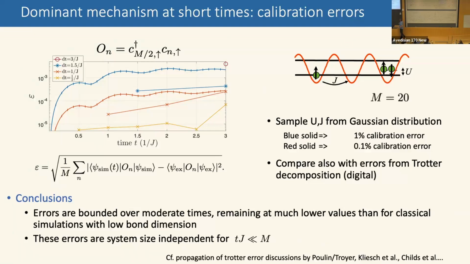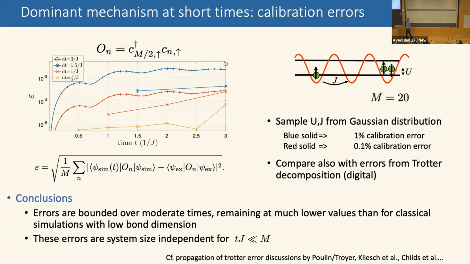Essentially, if you get a whole lot of local calibration errors, the effects of those across the rest of the system are at short times limited by the light cone for the propagation of correlations. This limits the worst effects up to the point that you reach an evolution timescale equivalent to the system size. So if you have calibration to a particular level, you can fairly reliably extract correlation functions out to a given time.